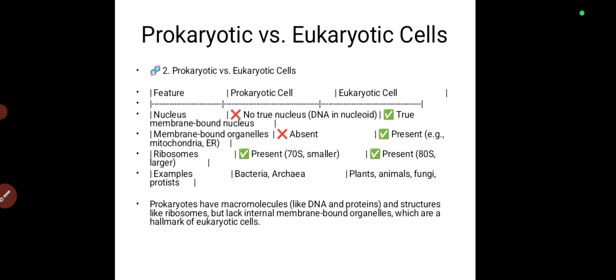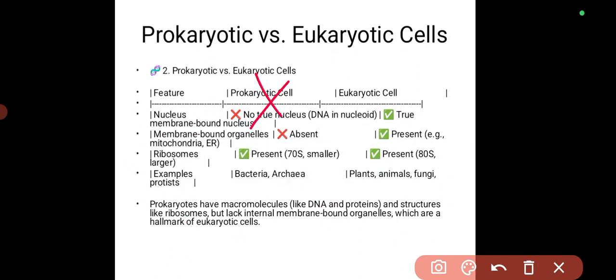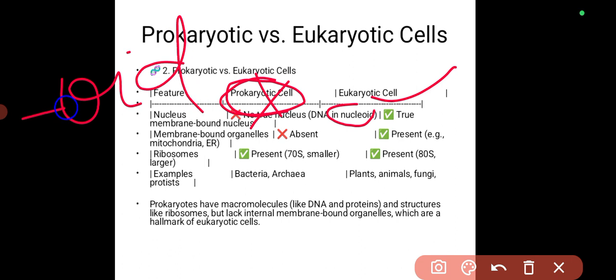What they have is DNA in the nucleoid. But eukaryotes have a true nucleus, while prokaryotes have what is like a nucleus, which is why it's called a nucleoid. In biology, if you see terms that end with the morpheme oid, it means like it, not exactly it, but like it.